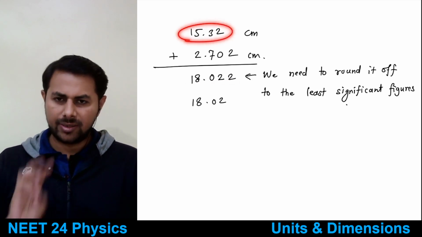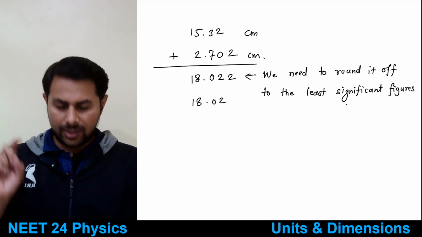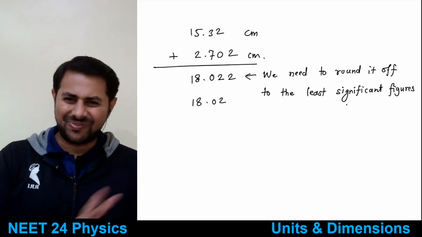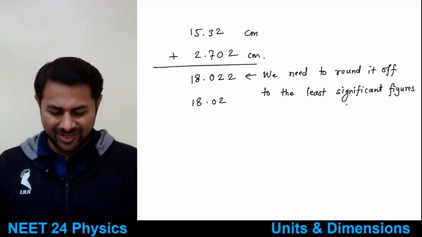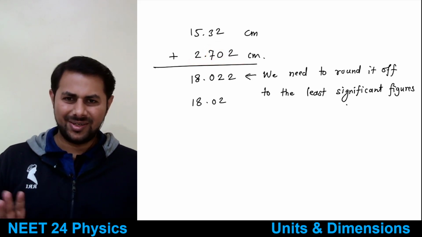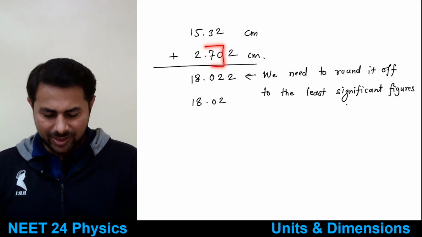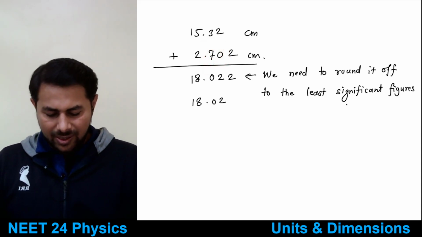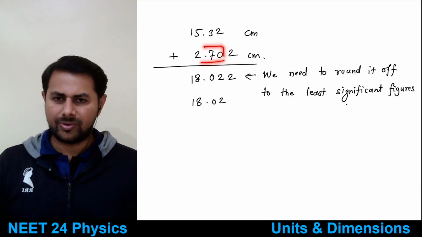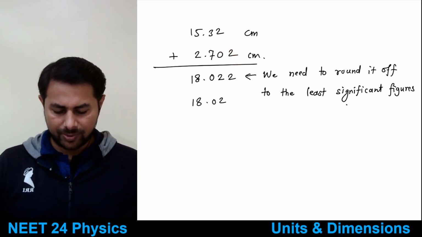So significant figures in the first one are 4 only, and the precision is up to 2 digits after the decimal point. So here also significant figures are 4 only, that's not the problem, but the precision is different. So precision here is up to 3 digits after the decimal point, so we need to round it off. So first we add up and then we round up.